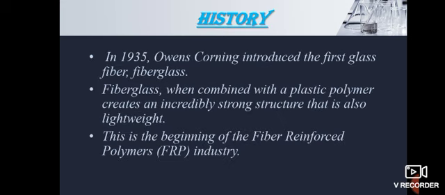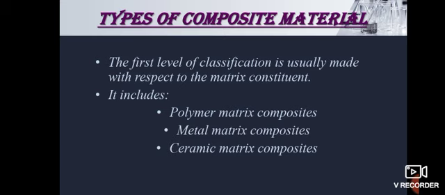In 1935, Owens Corning introduced the first fiberglass. Fiberglass, when combined with a plastic polymer, creates an incredibly strong structure that is also lightweight. This is the beginning of the fiber reinforced polymers industry.